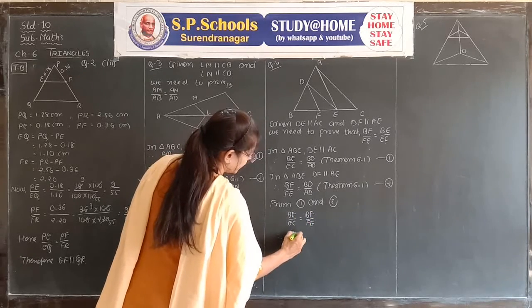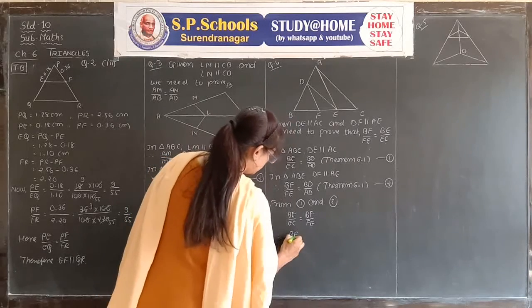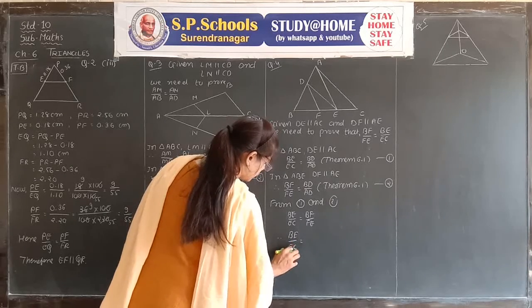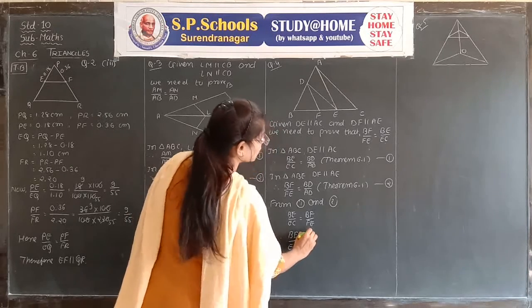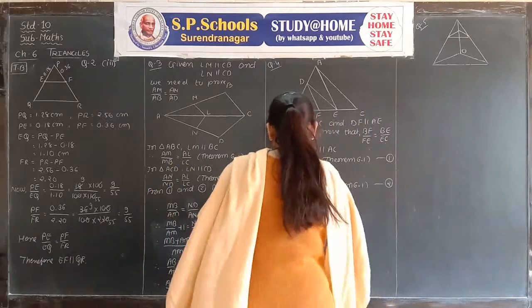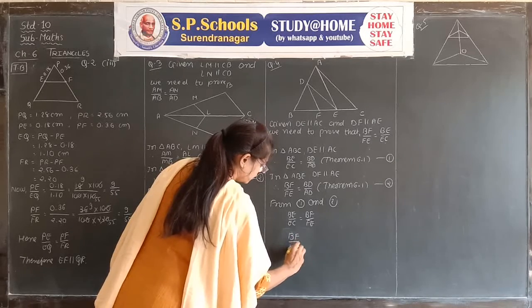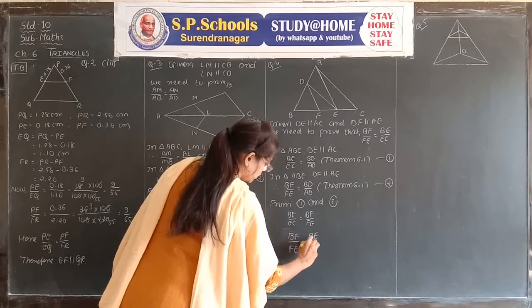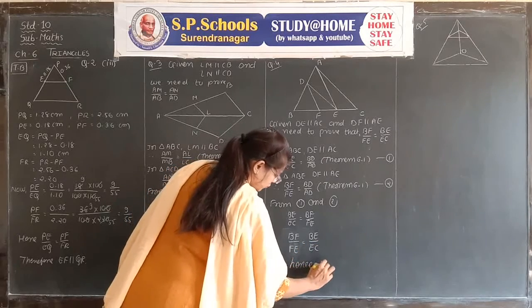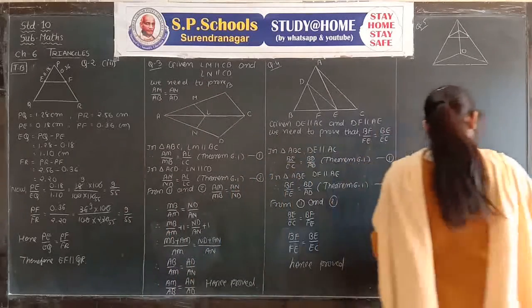Therefore, BF upon FE is equal to BE upon EC. Hence proved. Here question number 4 is completed.